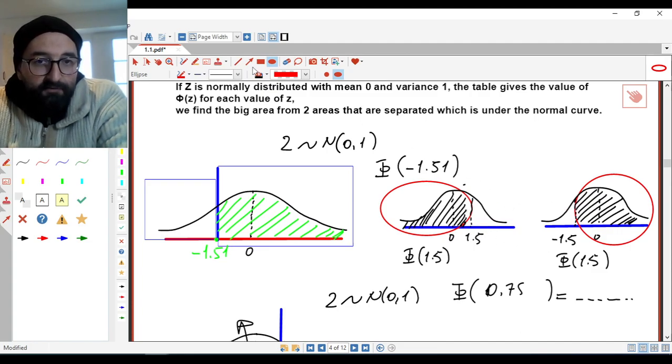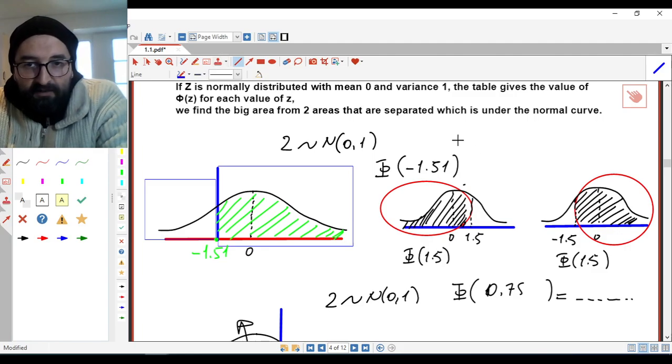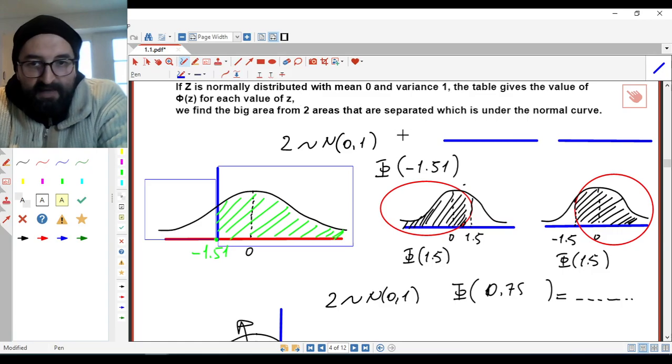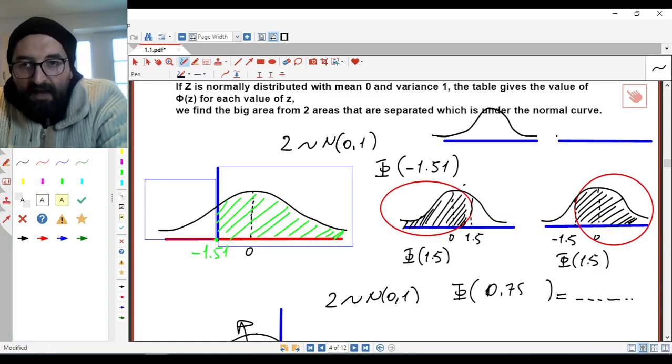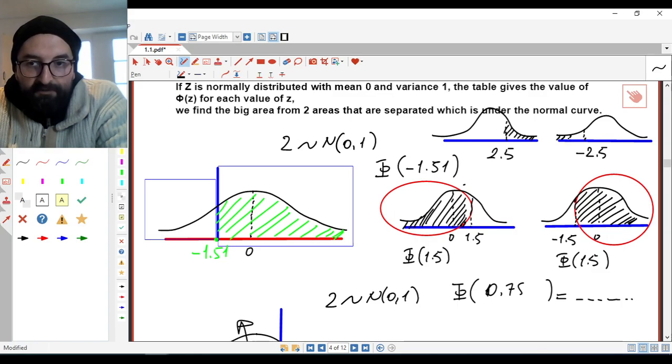Maybe I can give another example. For example, we have a normal curve, and if you want to find the probability of more than 2.5, or the probability of less than negative 2.5, this area and this area are the same.